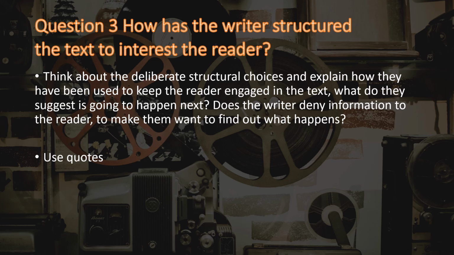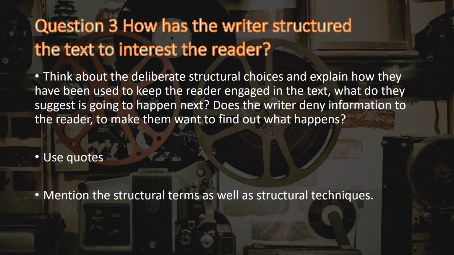So key things, just really key basics: you have to use quotes and you have to mention the structural terms as well as the structural techniques. By structural terms, I mean things like rising action and exposition, if you possibly can. And then any structural techniques, you need to mention structural techniques, no language techniques at all. Always try to mention things that have been used to deliver the story to you. That's one way of looking at it.